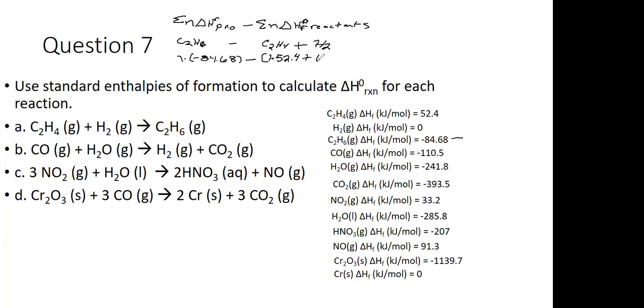We only have 1 mole of that as well, multiplied by the delta H formation of H2. H2 is an element in its standard state, so delta H formation of that is 0.